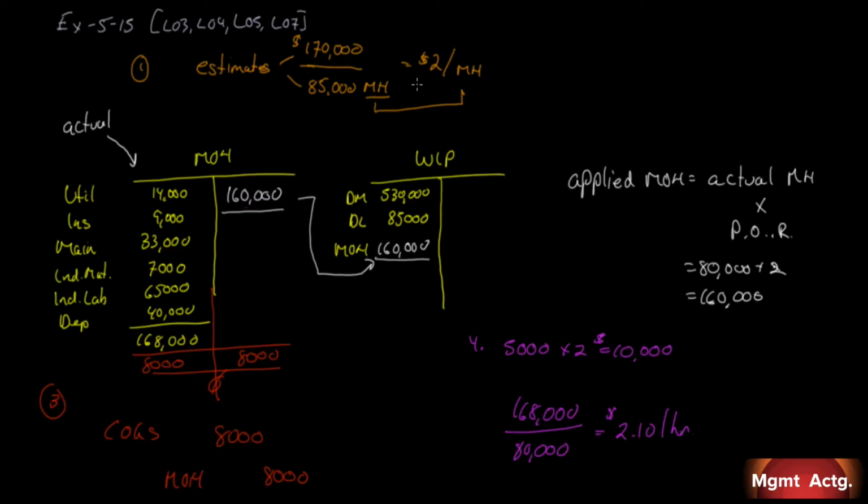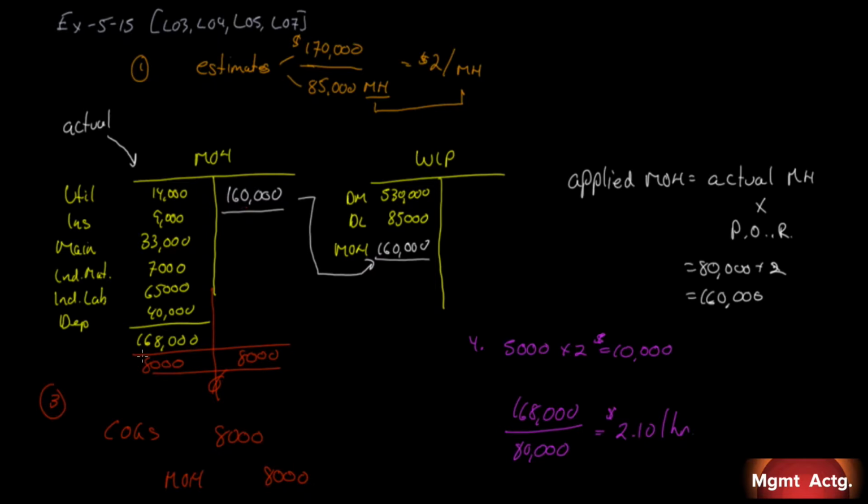If your forecasts were correct on your costs, in other words, if your manufacturing overhead forecast was correct, then you should have come in at $2 per machine hour, which means that for the 80,000 hours, we should have come in at 160,000 on actual costs. We came in at 168. So the reason is our costs are higher than we anticipated.